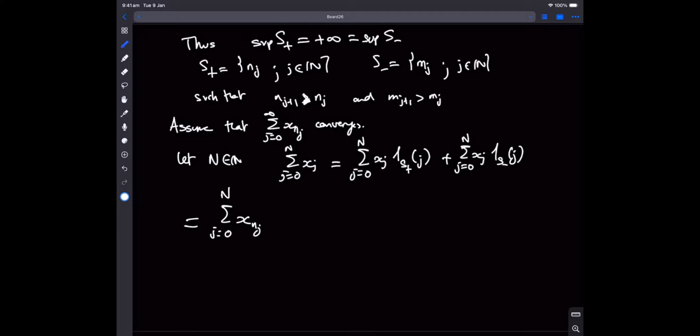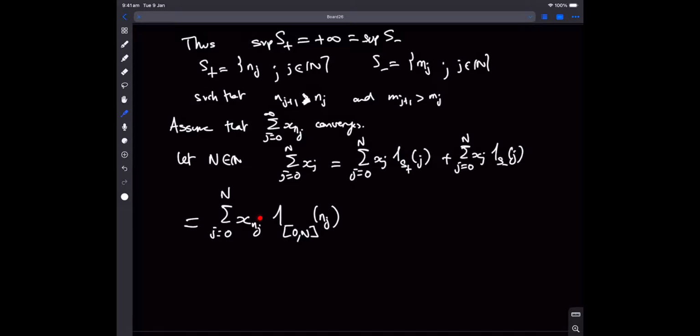But this first sum is really a sum of x_{n_j}, j running from 0 to capital N, restricted to the set where n_j is between 0 and N. So let's write it as the indicator function of [0,N] applied to n_j. So once again, this is something which is 1 provided n_j is between 0 and N, and is 0 if n_j is not in that interval.